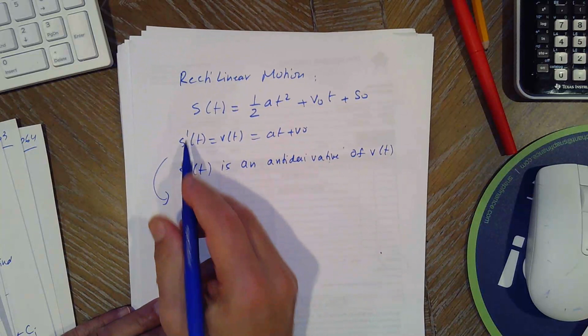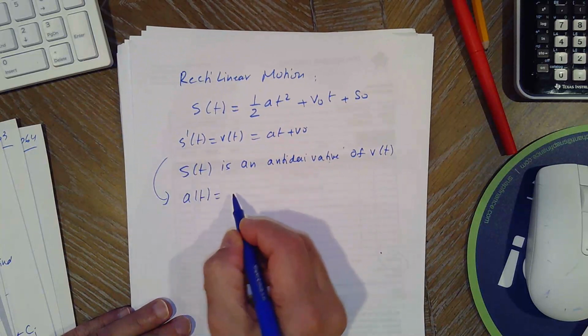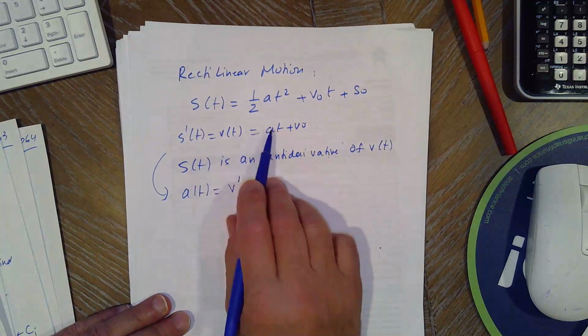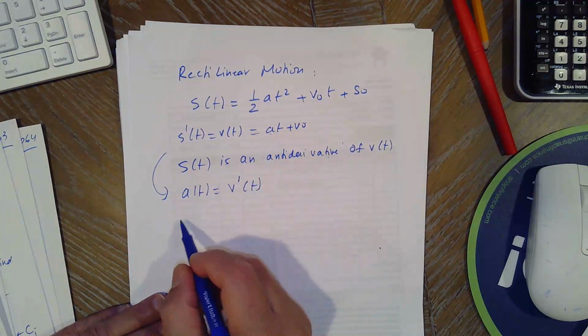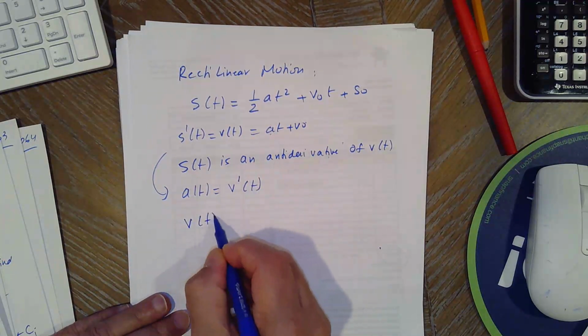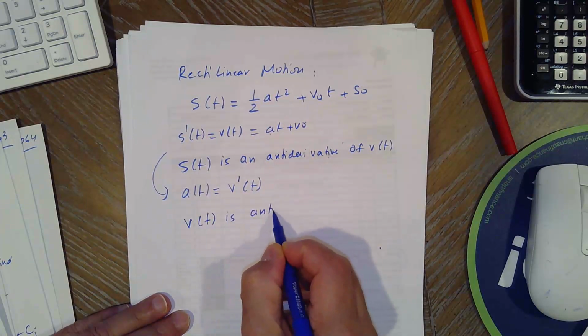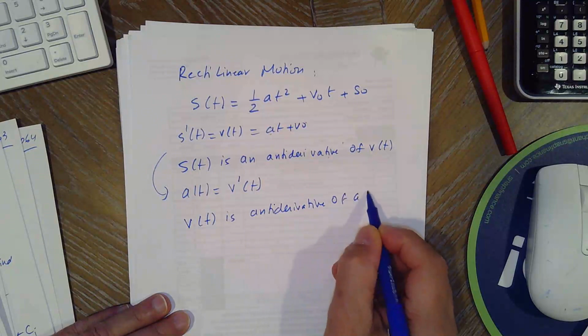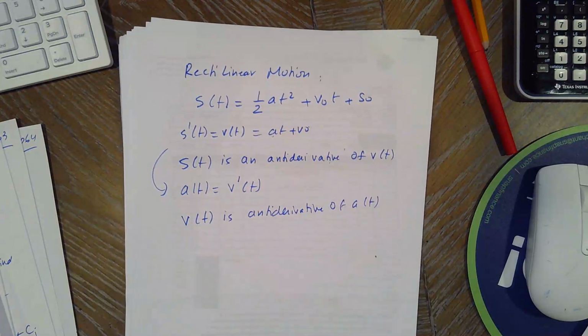And also a of t is the derivative of v of t, right? So if you find the derivative, you get a, as you can see. So v of t is the antiderivative of a of t. So basically, this is what I'm saying here.